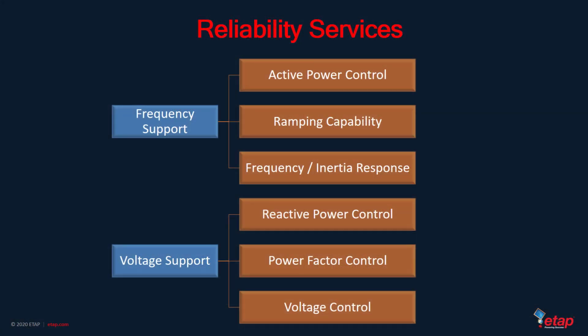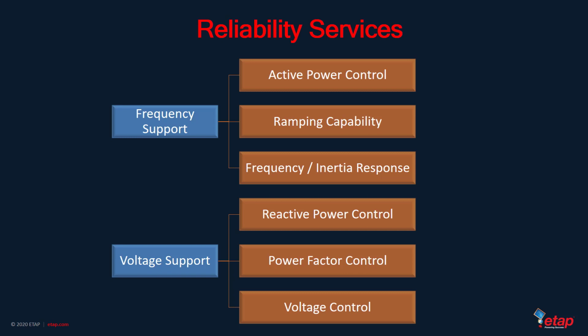The reliability services, therefore, fall into two categories: frequency support and voltage support. Frequency support is primarily focused on controlling active power and maintaining the fine balance between supply and demand across the bulk electrical system. Voltage support services are concerned with the control of reactive power and maintaining stable system voltages required to transmit power through the grid.